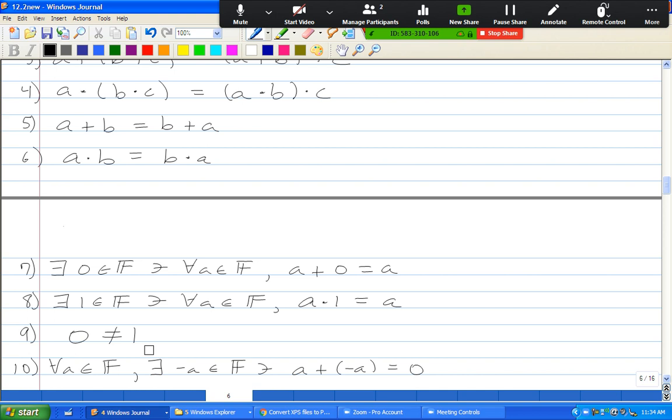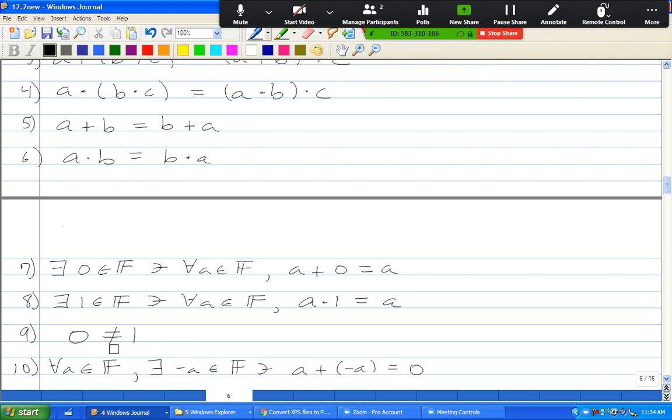Next, for every number A in my field, there exists another number, negative A. So this is a unary operator.